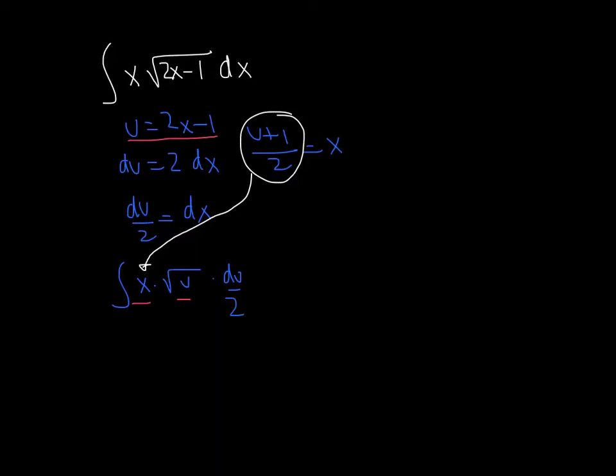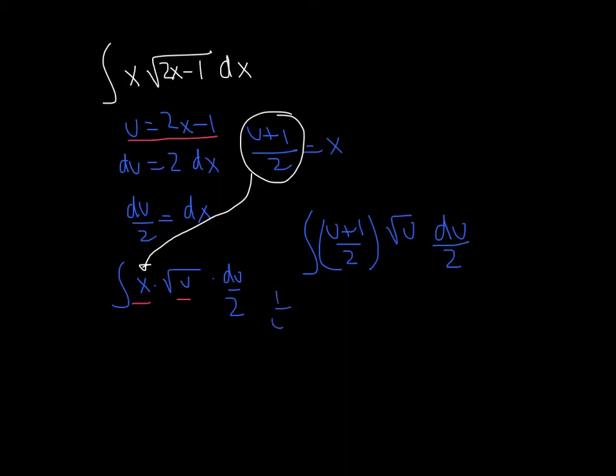Alright, so let's see how this works. We're going to have the integral of u plus 1 over 2 times the square root of u and du over 2. I'm going to pull the 2 times 2 out and make that 1/4.